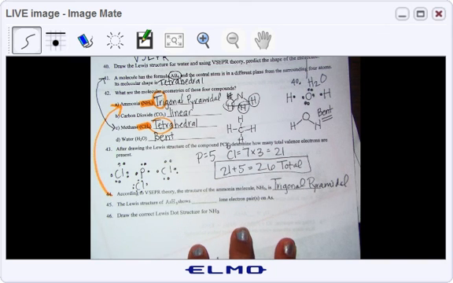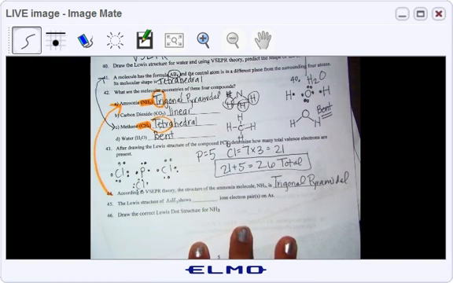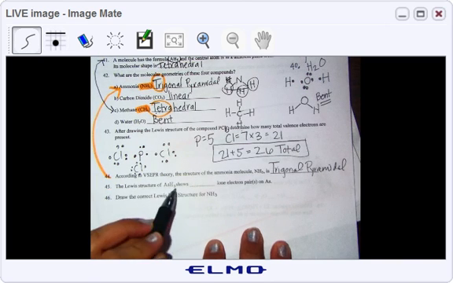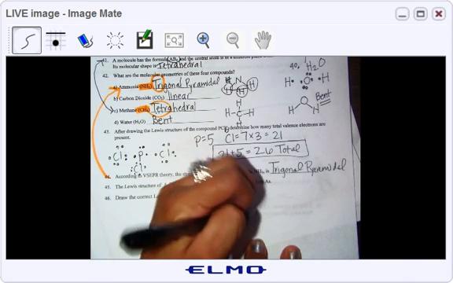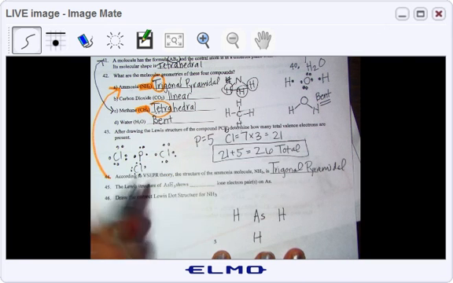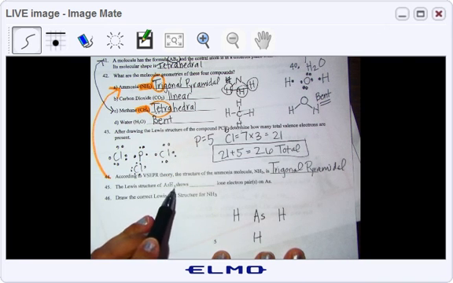The Lewis structure of AsH3 shows how many lone electron pairs on arsenic. Okay, so there's not much space, so I'm going to draw it below. As, and then how many H's do we have? 3. There's a little 3 right there, the subscript.